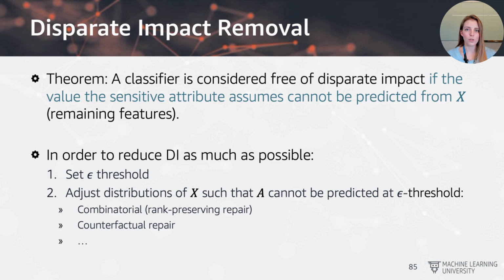So now we're going to denote some of our features as these special sensitive attribute features, A, and we're going to transform or shift the remaining features, the X, with respect to what we observe in A. First of all, we need to set a threshold of how much we want to transform our data, and then we need to find a method to adjust the distributions of X such that A cannot be predicted at the epsilon threshold. There are, again, different methods in which we could achieve that, and you see a couple of them listed here.